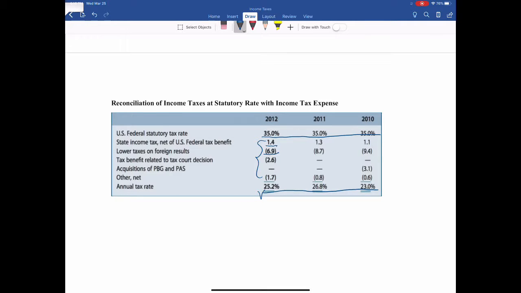Another factor that decreases the effective tax rate is tax benefits related to the tax court decision. This item is not persistent. Acquisitions could also bring firms tax benefits, for example in 2010, and any other items which are minor. So the items in the middle actually explain why the effective tax rate is different from the federal tax rate.